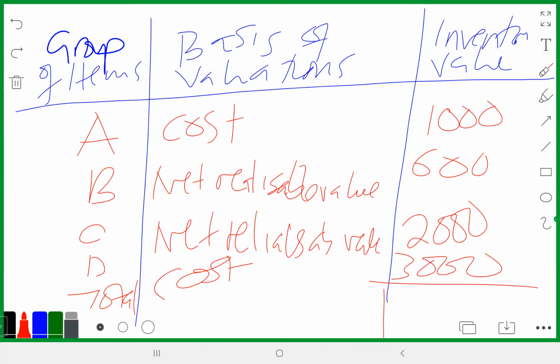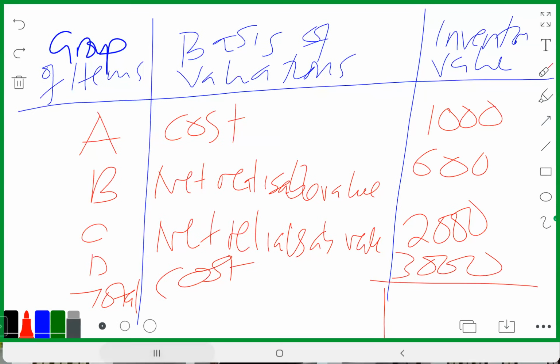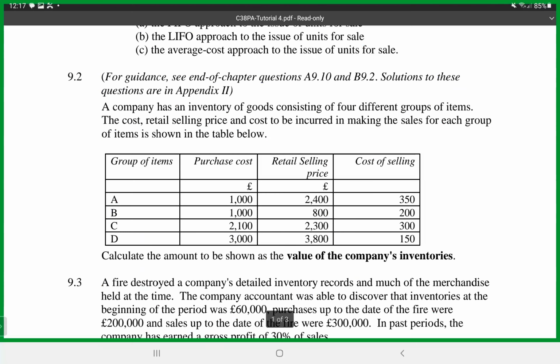For D, you used the cost, the purchase cost. Why did we use the purchase cost? These are items that are arranged in order, right? So the last item you can use the purchase cost.